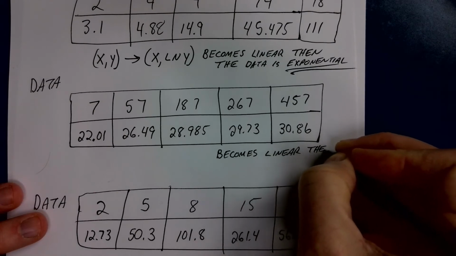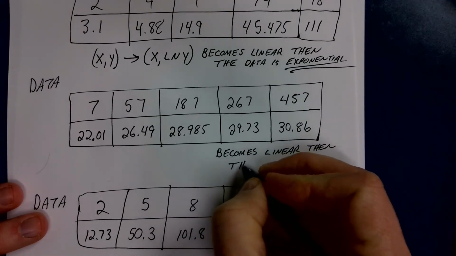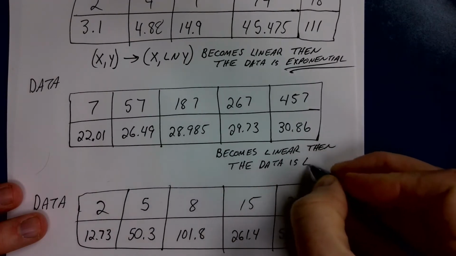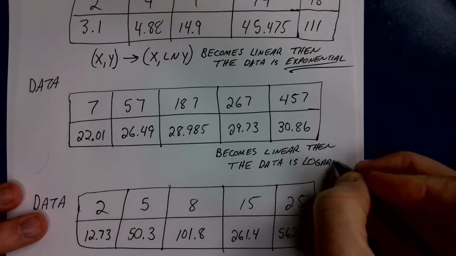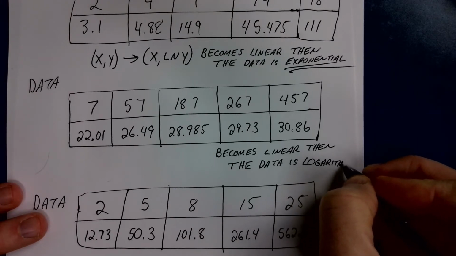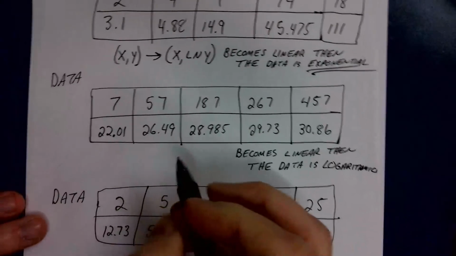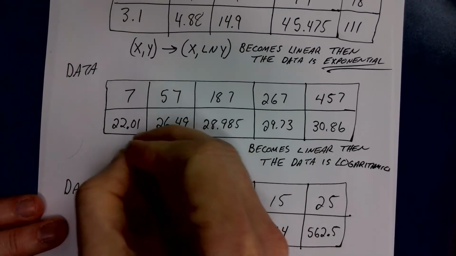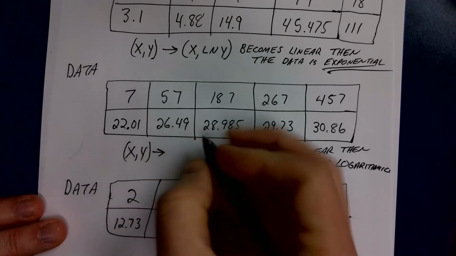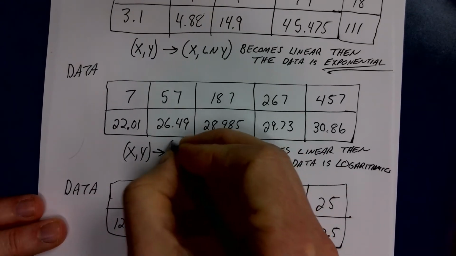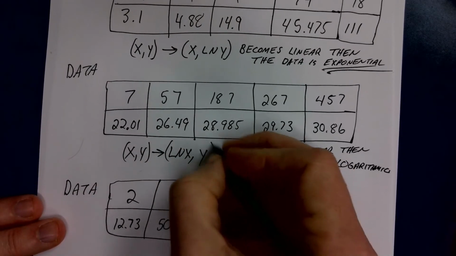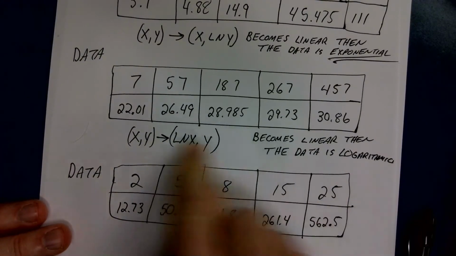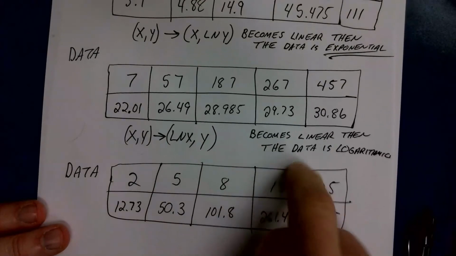Then the data is logarithmic. You're like, well, what happens? Because it's definitely not x, ln y. So it's actually this. I haven't showed it to you yet on the calculator. It's actually the natural log of x comma y. Okay, and if that becomes linear, then it's logarithmic.